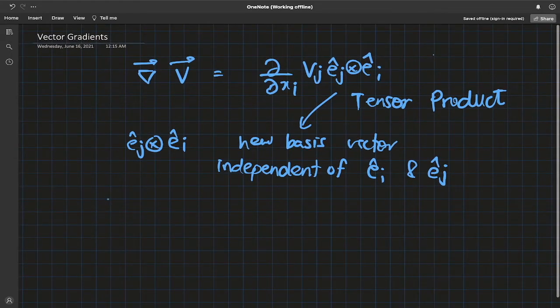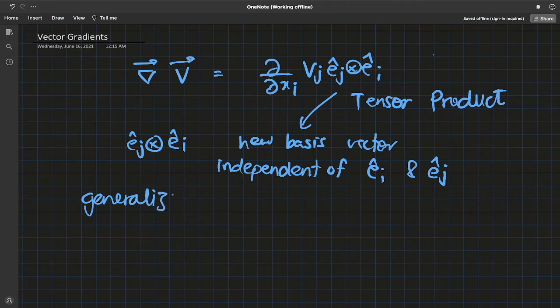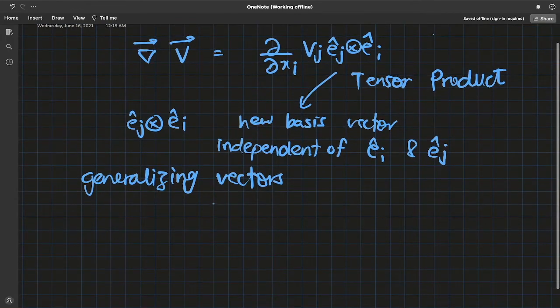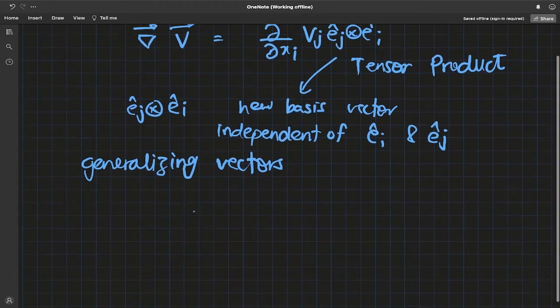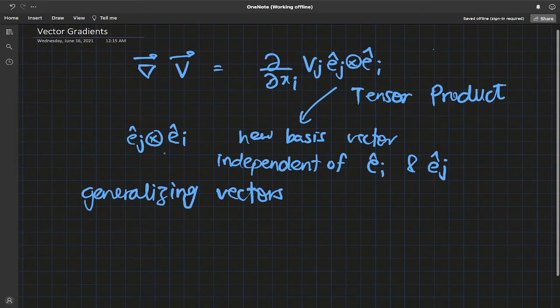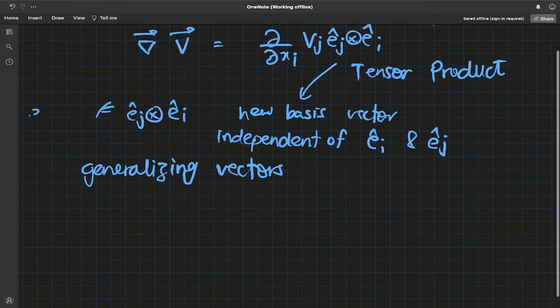Usually when we had vectors, each basis had one vector in it. Now when we are in tensors, we are generalizing vectors. So a basis may not have one vector. A basis may be a tensor basis composed of two simple vectors. And this order matters, by the way. So this is not the same as Ei tensored Ej.